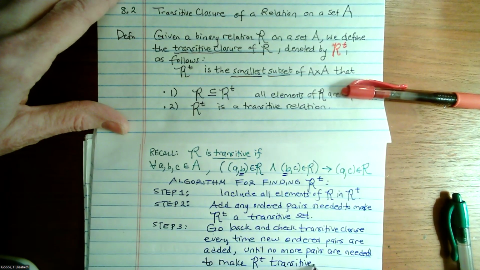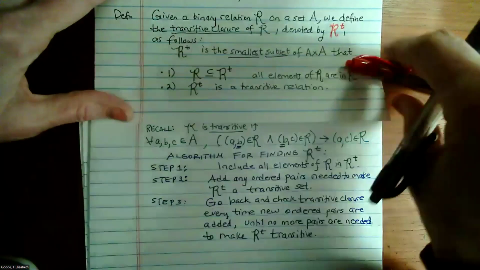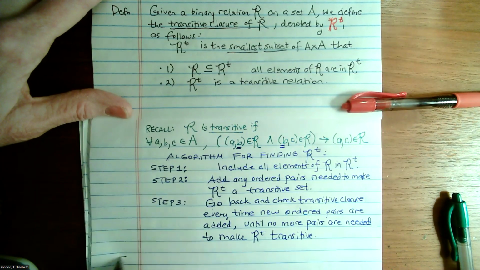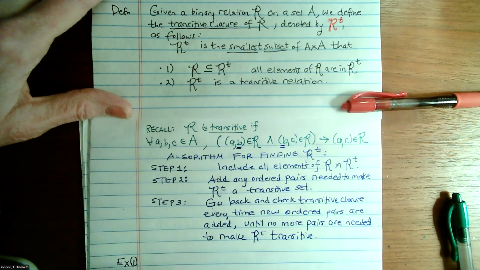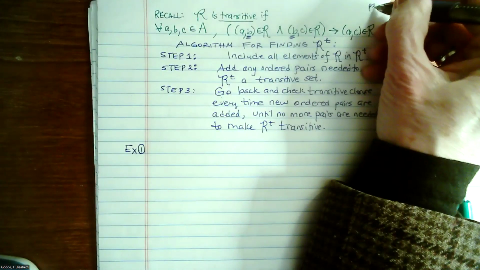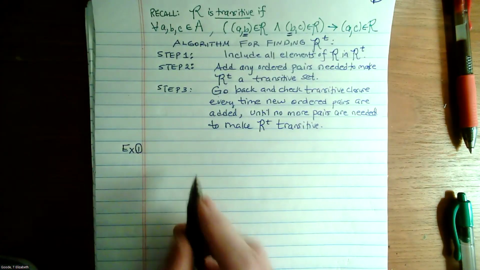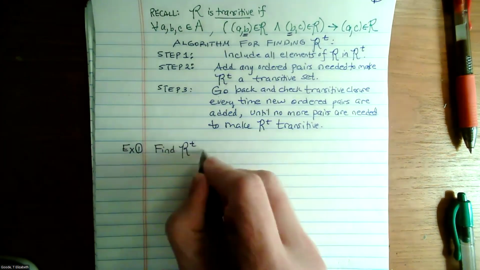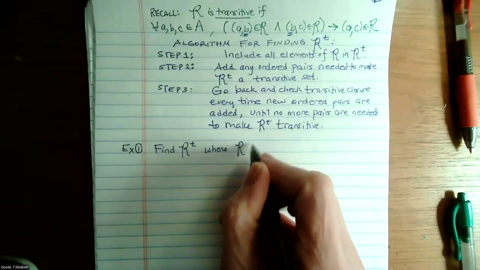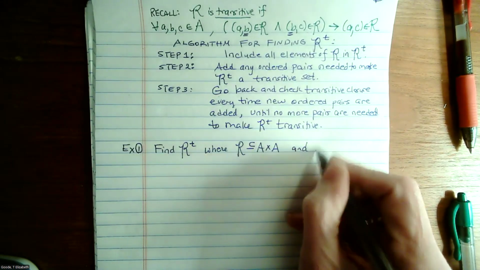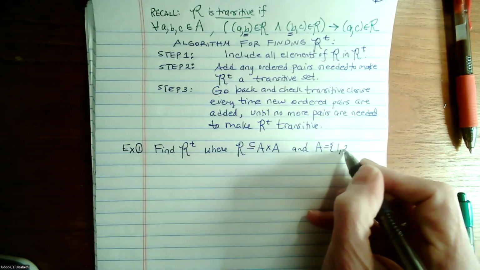So let's play the game where we build the transitive closure of a particular set R. This is going to be our first example tonight. Find RT, the transitive closure of R, where R is a subset of A cross A, and A is the set that contains the elements 1, 2, 3, and 4.